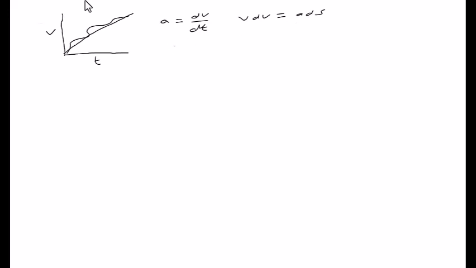So if we rewrite this equation here, but now we write the derivative of velocity with respect to time as a function of the acceleration that's changing in time, we can write that as dv is equal to a of t dt, where we've simply taken the dt over to the other side, and this is of course an integral between v0 and v, and this is an integral between t0 and t, and so we can solve these.